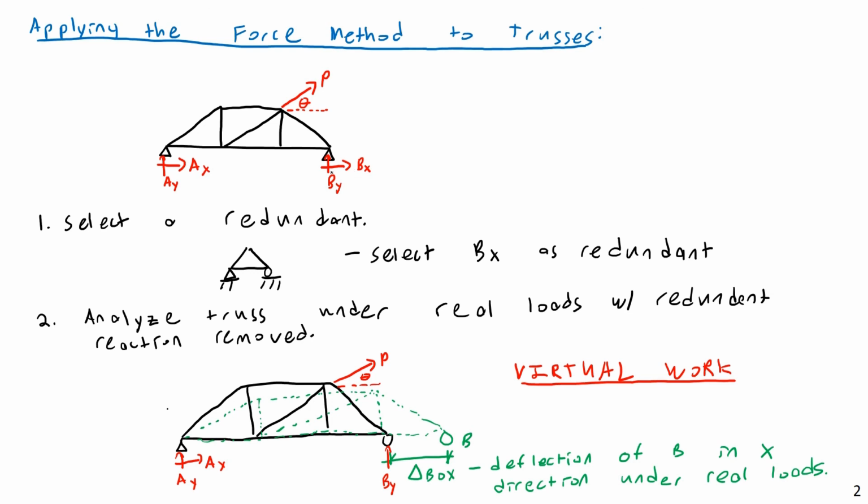Once to find the deflection with the redundant removed under the real loads, a second time to find the deformation at B under a unit load at B, and then once this truss is fully determinate, because you've replaced this BX with a known number, you might have to do a 3rd level of virtual work to find the displacement at joint C, or whatever joint that is. Okay, and really that is the method of virtual work for trusses.